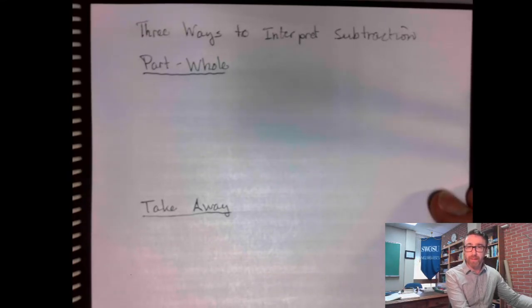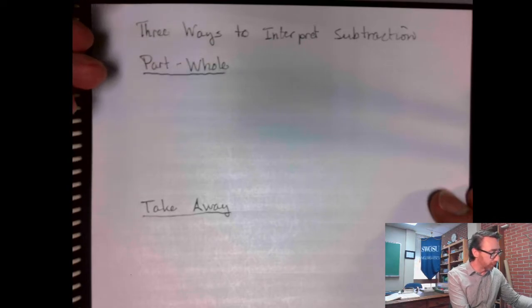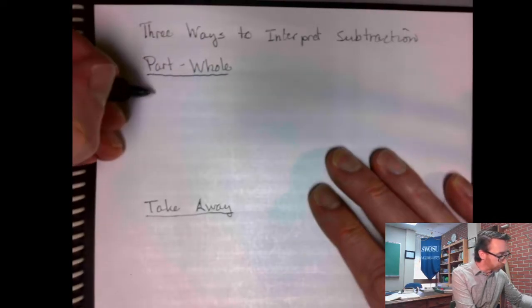One of the ways to think about it is the part-whole interpretation of subtraction.